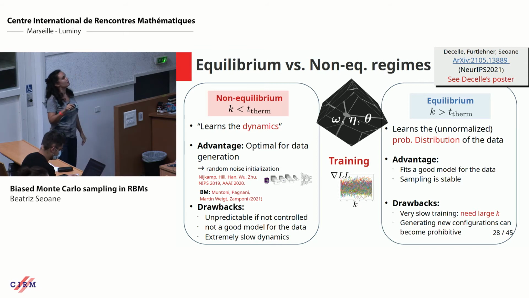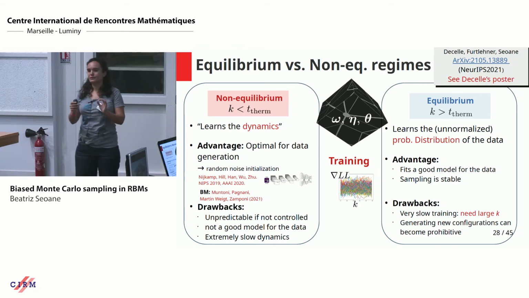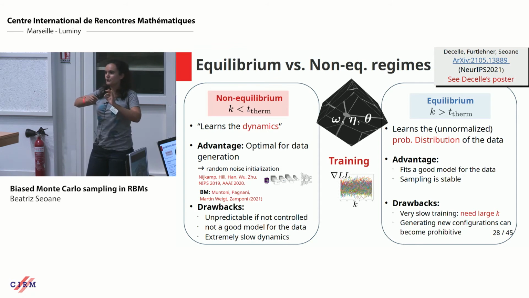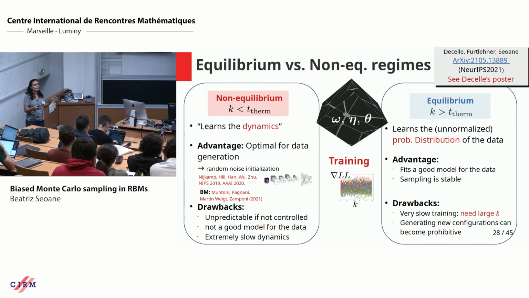Okay, so what's the problem of the non-equilibrium model? If you don't use exactly the same procedure in training and in sampling, you are going to get a machine that seems completely unpredictable, because you can get samples that are very bad, but if you do it as trained, they are good. If you change the procedure, you can get nothing.